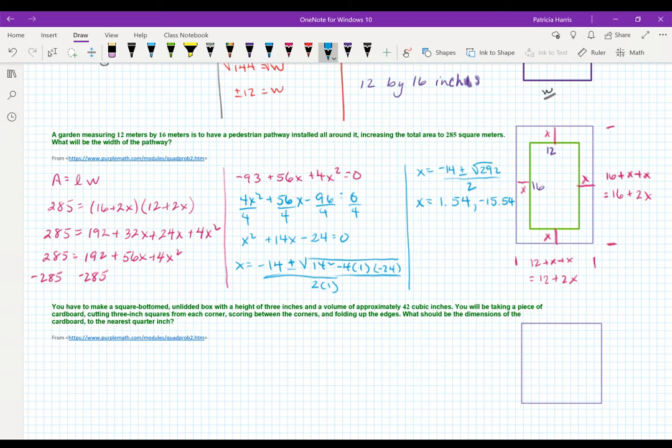Well, again, since this is a length, you don't really want a negative value. It doesn't make any sense. So x is equal to about 1.5. Now remember, that is the width of your walkway.